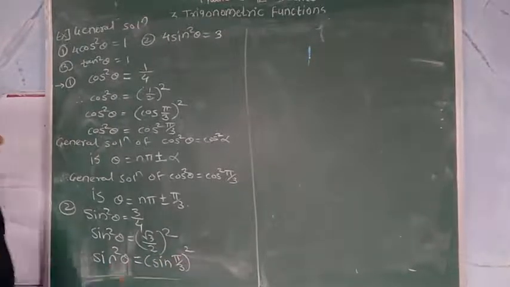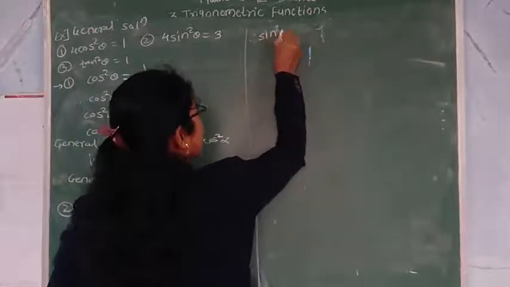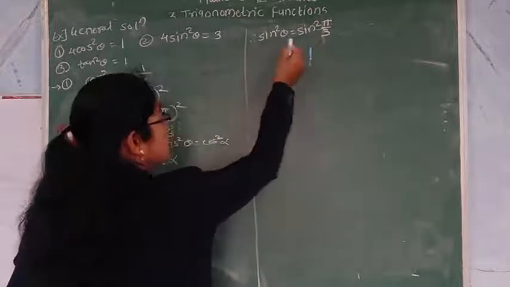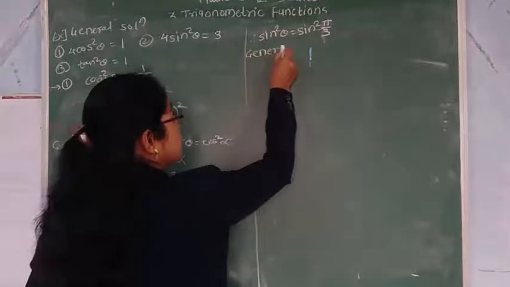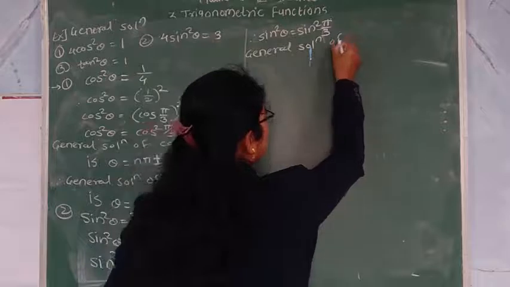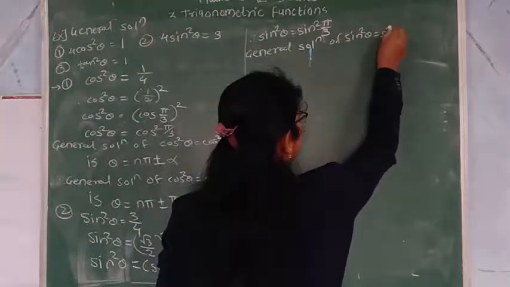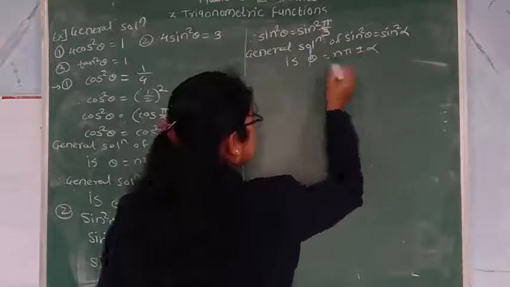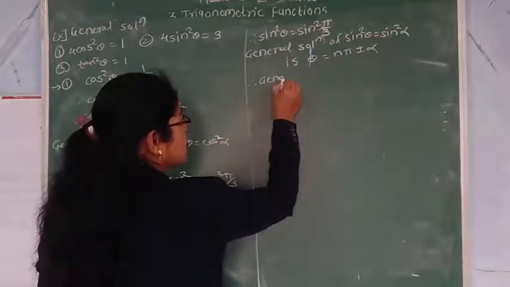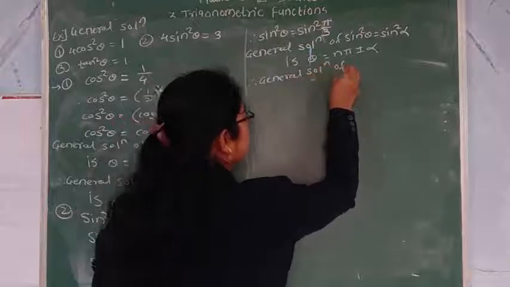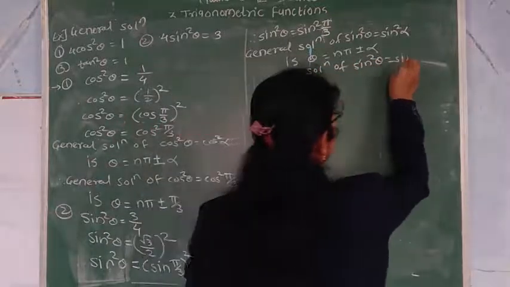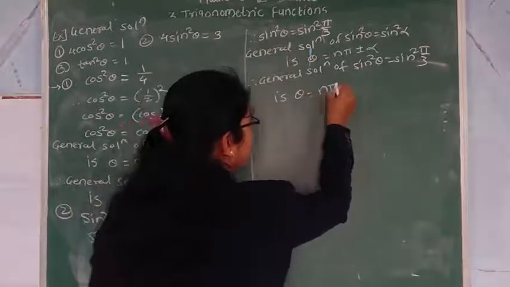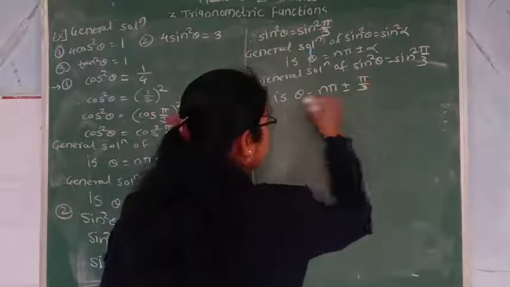So sine square theta is equal to sine square pi by 3, and we know the general solution of this form. General solution of sine square theta is equal to sine square alpha is theta is equal to n pi plus minus alpha. So therefore general solution of sine square theta is equal to sine square pi by 3 is theta is equal to n pi plus minus alpha, alpha is pi by 3.